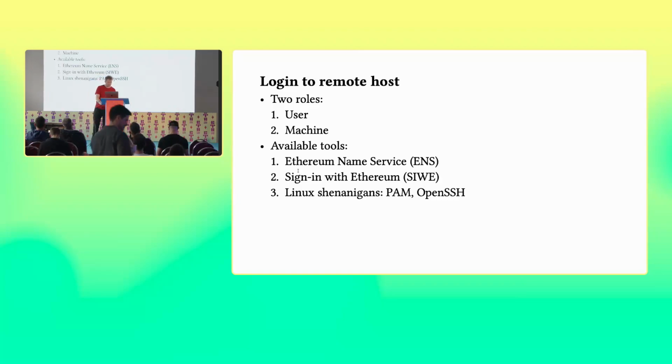But the main problem for me came out by identifying the two roles. These exist in any remote attestation or authentication scheme. You have the user who is logging in, and then you have the machine, which also should have an identity.